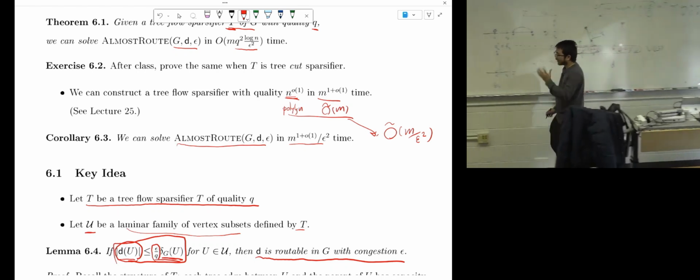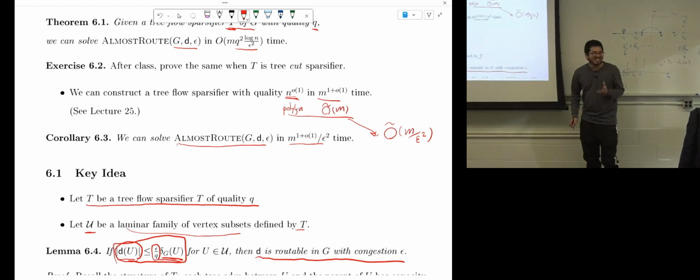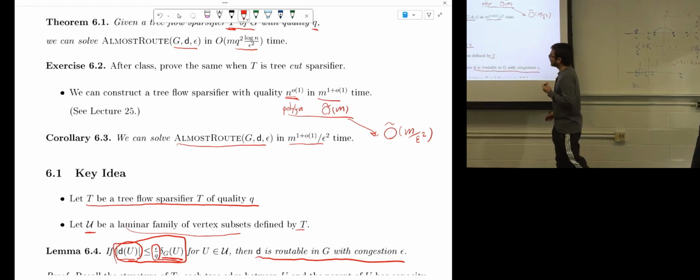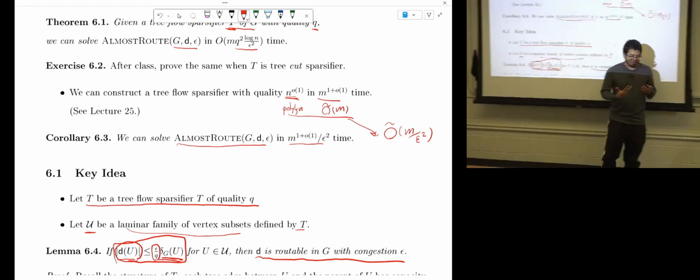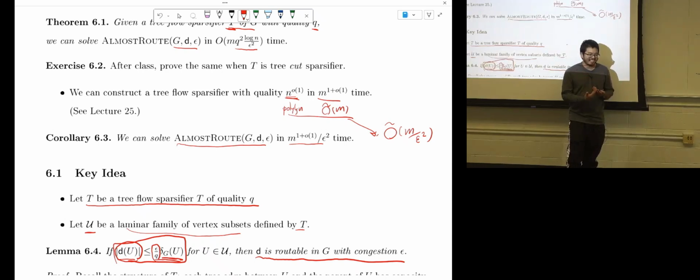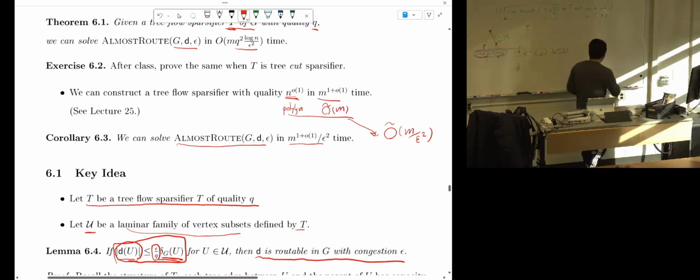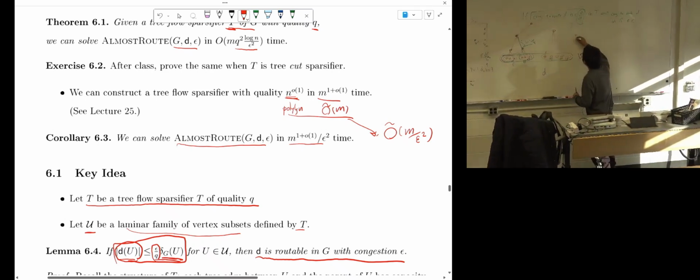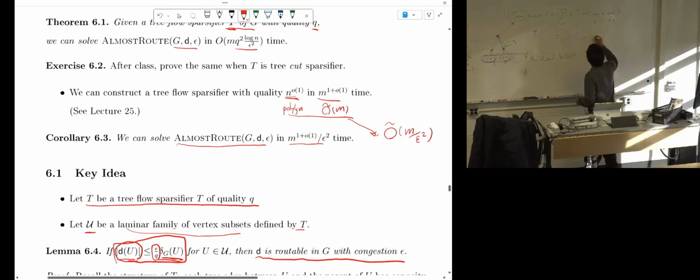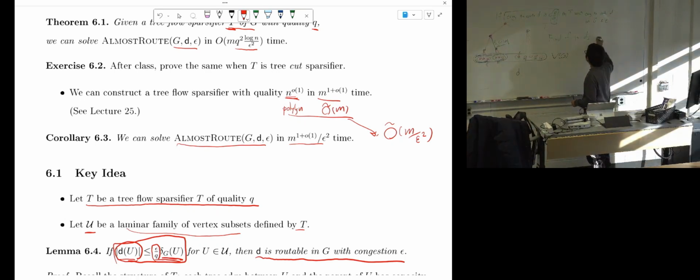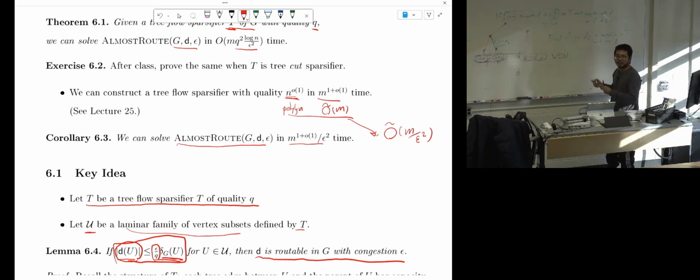Okay. So this is basically our strategy. We want to find a flow F such that the residual demand, D minus the demand routed by F, is routable in T with congestion epsilon over Q. If that's the case, we are done.